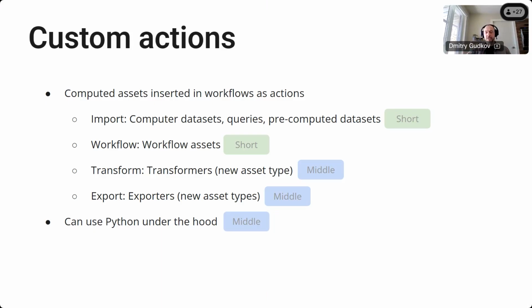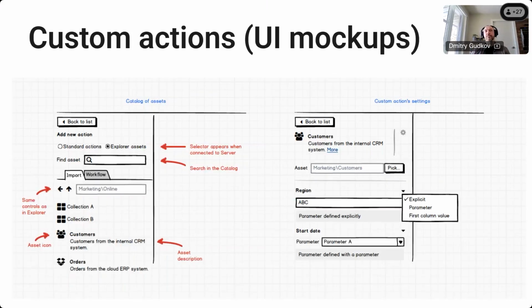So custom actions, what will it look like from the user perspective? There will be a selector: standard actions, Explorer assets in the sidebar. When we switch to Explorer assets, you will see similar tabs. In the beginning, there will be just two, import and workflow. Eventually, we will add export and transformation. You will be able to grab a custom action, which is an asset, drag and drop it and insert it in the workflow.